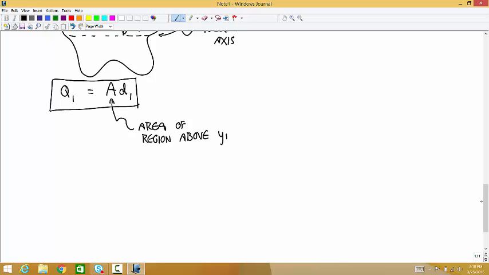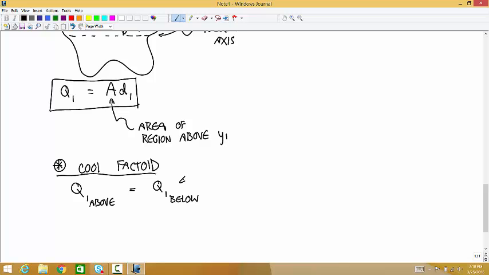And one thing that's, okay, this is another place where I could have said notice, but I'm going to call this a cool factoid. If you calculated the Q1 above that line Y1, and then calculated Q the same way below, you'd get the same thing.